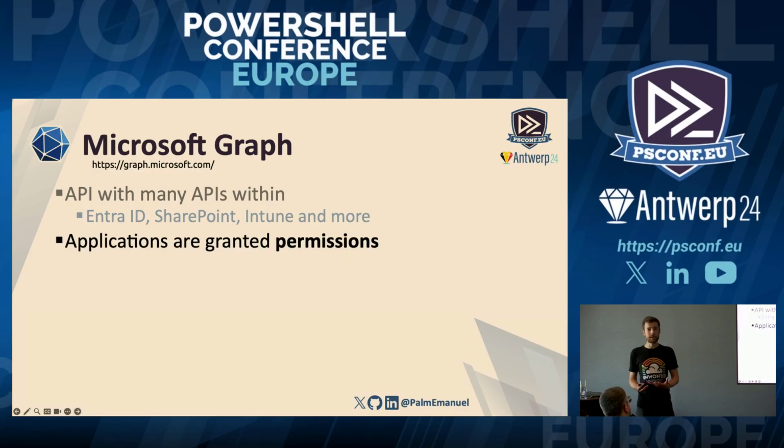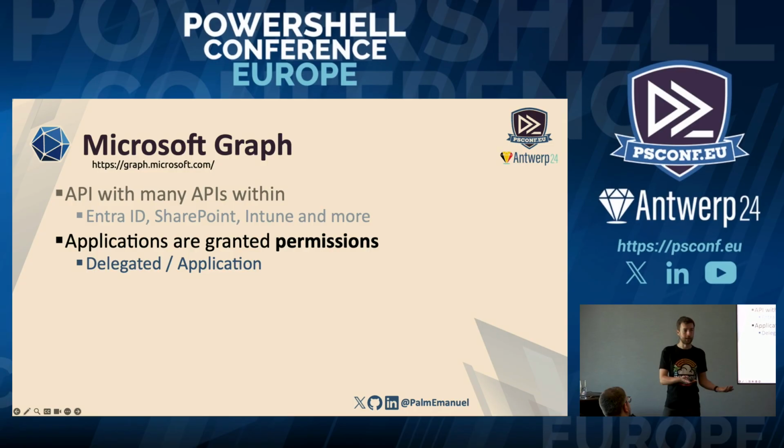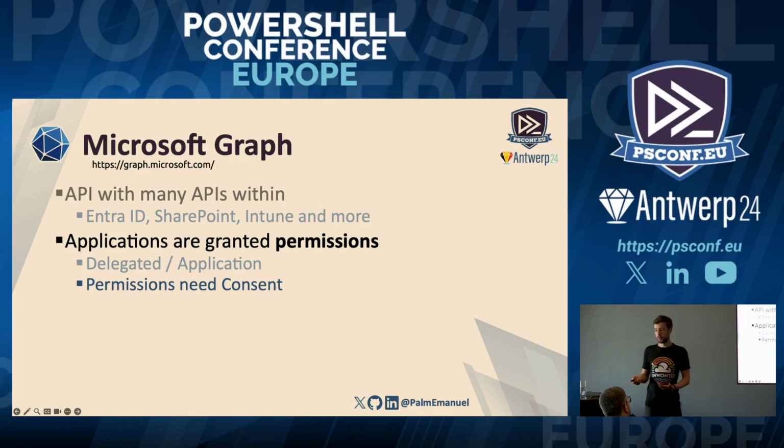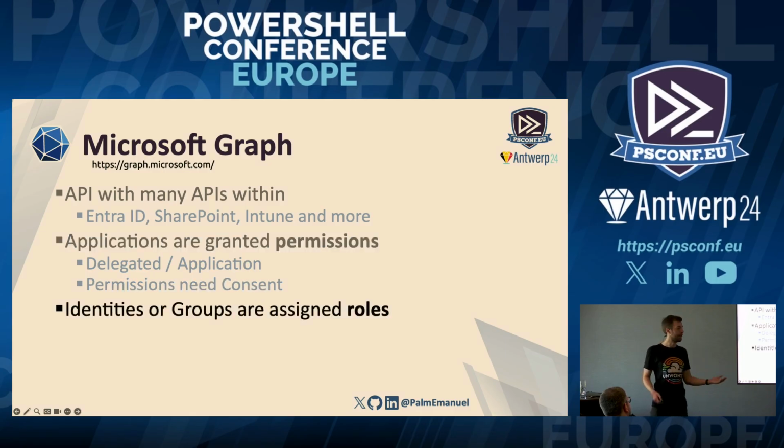Now, applications, as we saw, are granted permissions. App registrations within Entra have either delegated or application permissions, and these permissions need consent. But when it comes to identities or groups in Entra, not applications, those have roles instead.